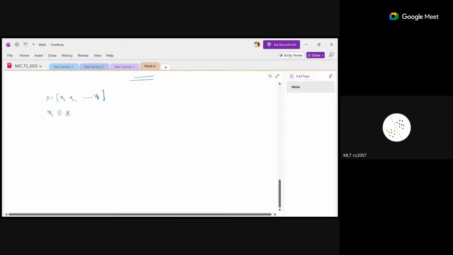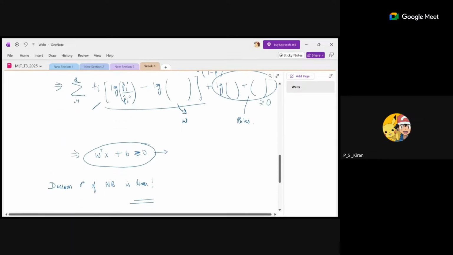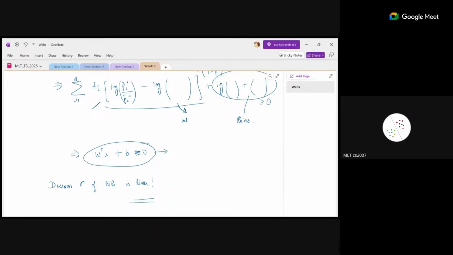When we get W transpose X plus B greater than or equal to 0, we predict y test to be equal to 1. Should we get less than or equal to 0 if we predict y test equal to 0?